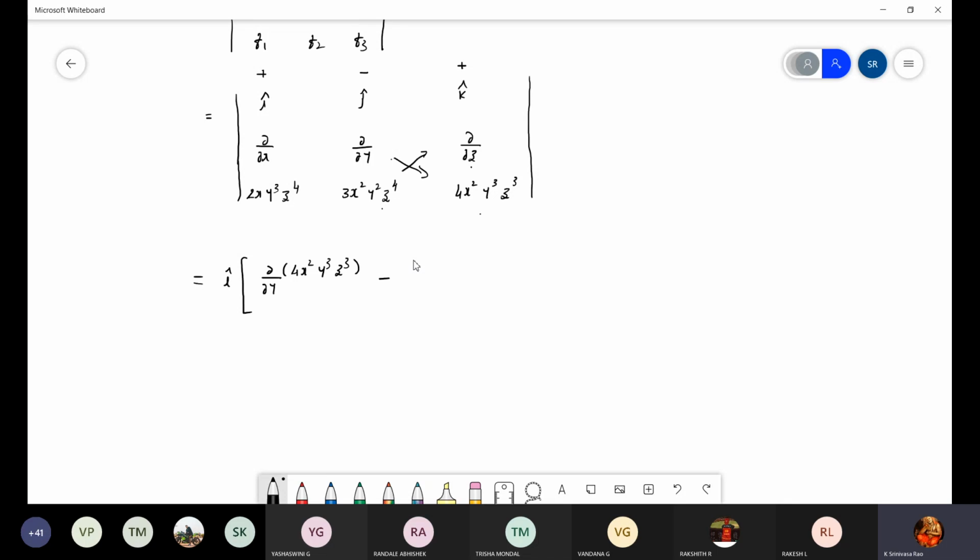So while multiplying the second term, it is minus dou by dou z of 3x square y square z power 4. Okay, so like this. Then minus j cap into, yes, the particular column you leave it, and in the particular row you will get dou by dou x of 4x square.